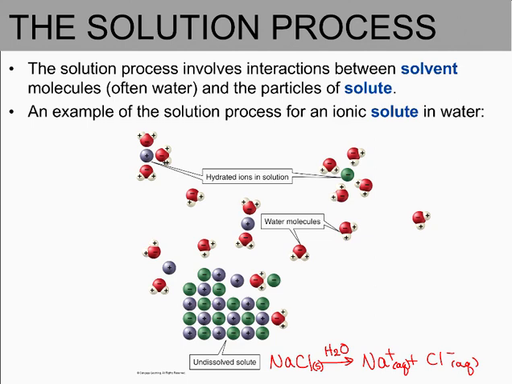And remember that water is a polar molecule, so water has a negative side and a positive side, and water molecules will orient themselves so that the positive ends are pointing towards the negative ions, and the negative side of water will be pointing towards the positive ions.